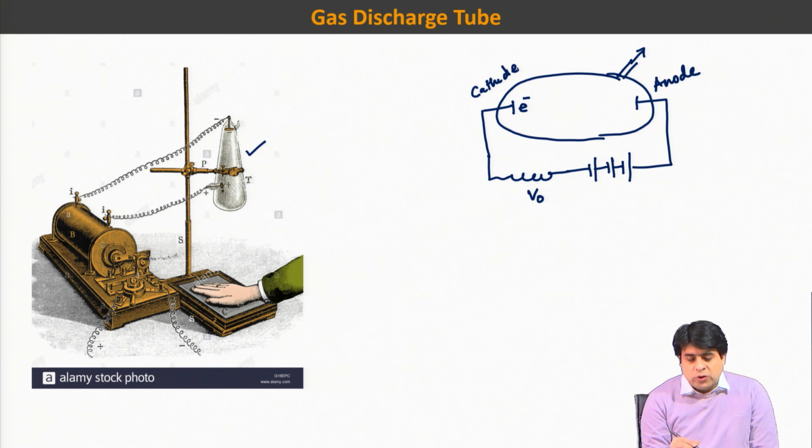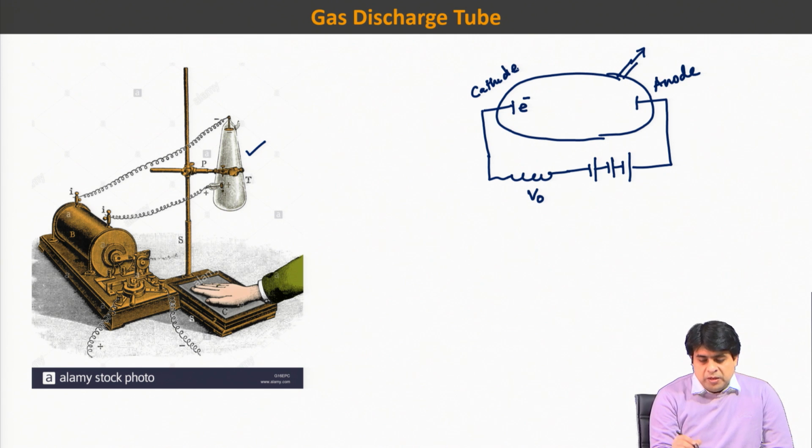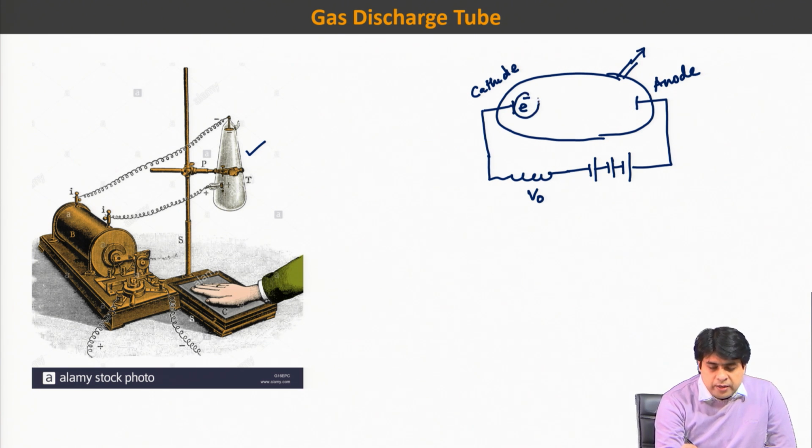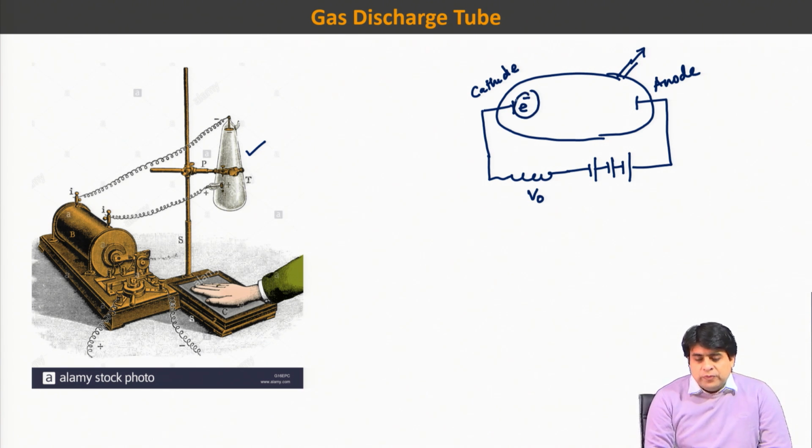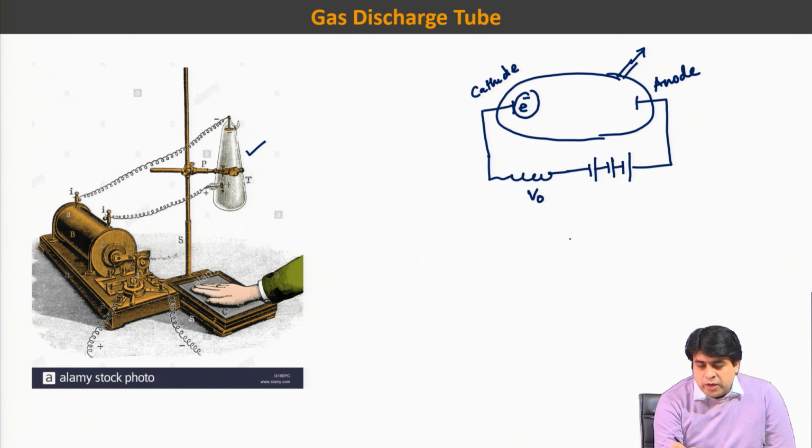Because there is a vacuum inside the gas discharge tube, this electron accelerates towards the anode, because the anode has a positive charge and the electron has a negative charge.